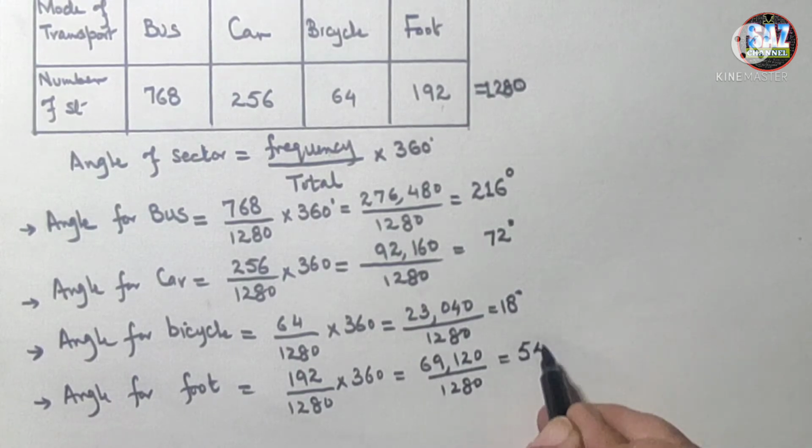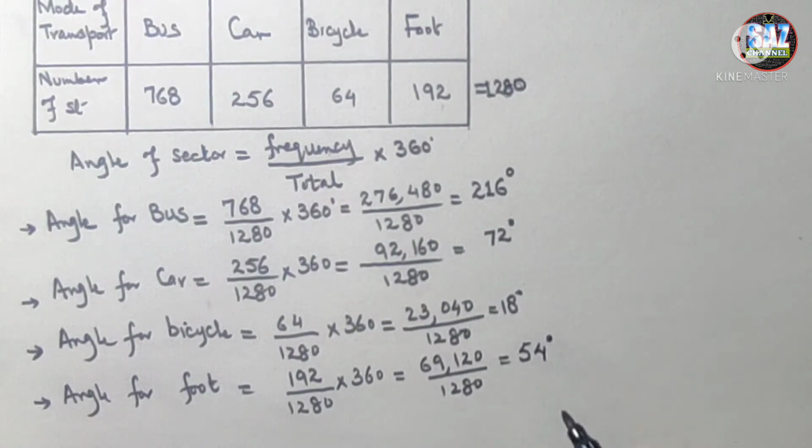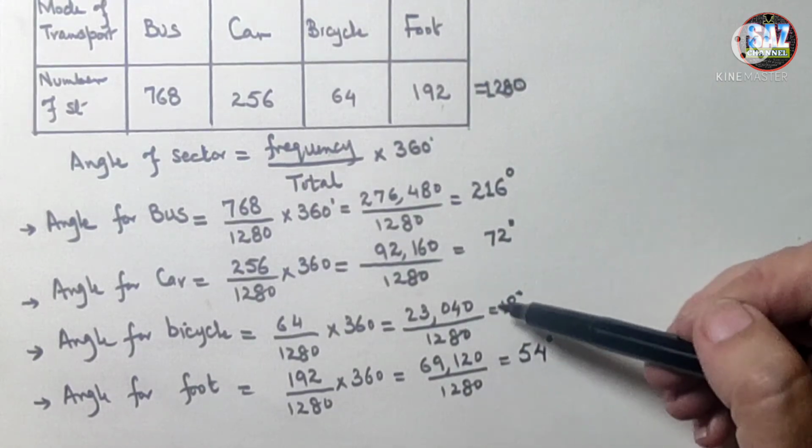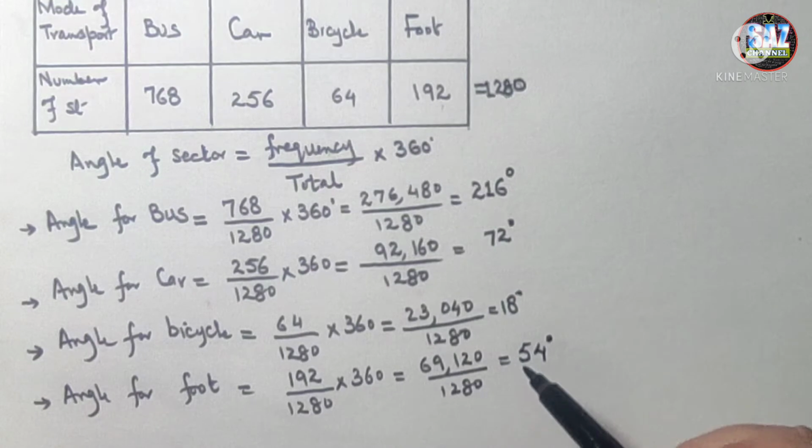Now we have completed the calculation for all the angles of the different sectors. But before moving to the construction, it's really important to add up all the angles and see that the sum must be equal to 360 degrees. Yes, it's adding up to 360 degrees.